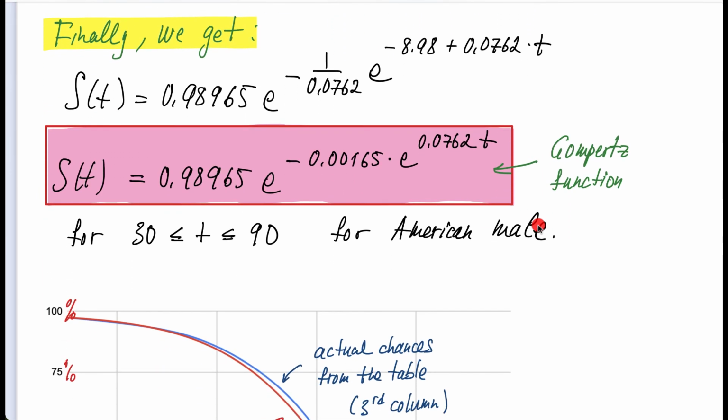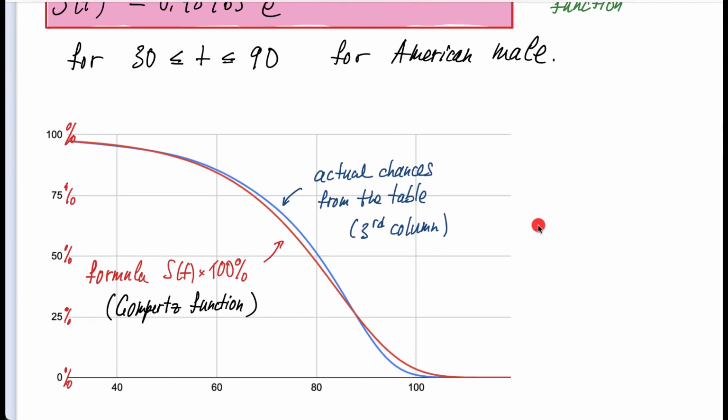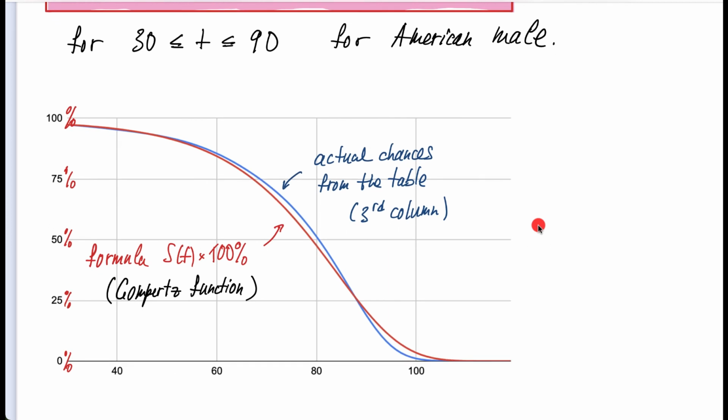And now you can compare this model that we just computed, or this Gompertz function, multiplied by 100%. So here I'm graphing it on the percent scale instead of on the proportion scale from 0 to 1, with the actual chances from the table that come from the third column. And you can see that the fit is pretty decent, but of course it's not perfect.